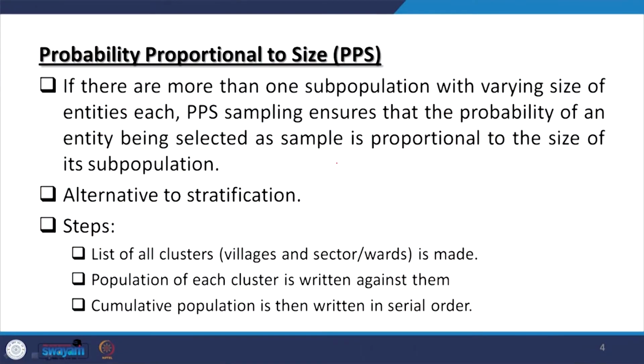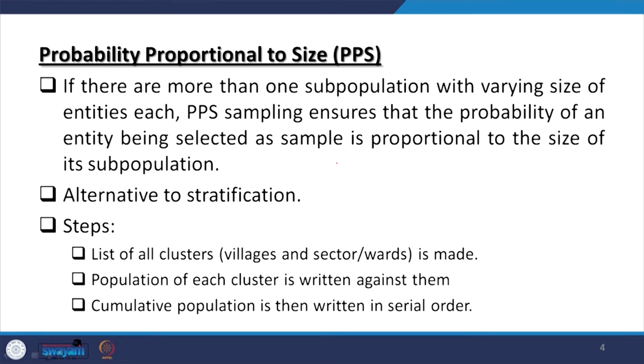If there is more than one subpopulation with varying sizes of entities each, PPS sampling ensures that the probability of an entity being selected as a sample is proportional to the size of its subpopulation.